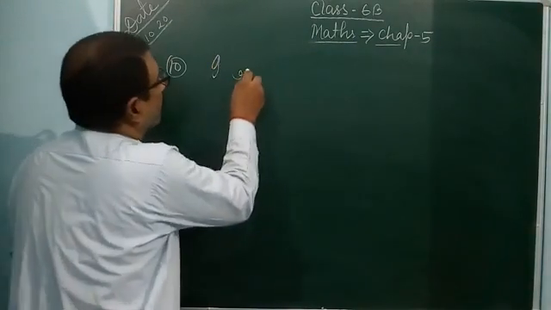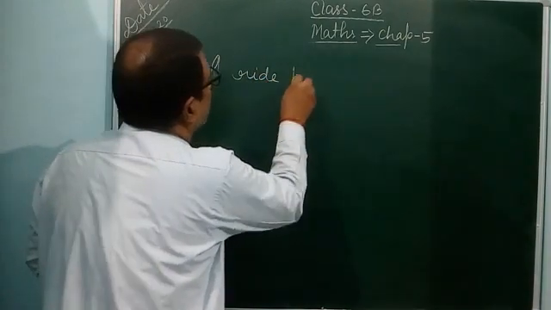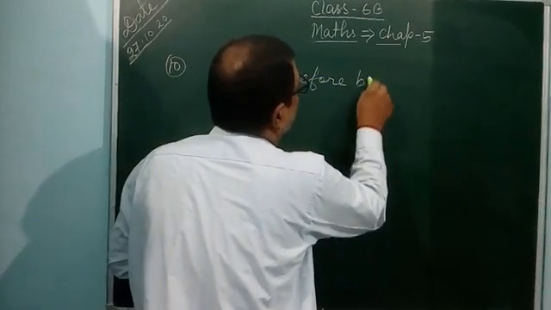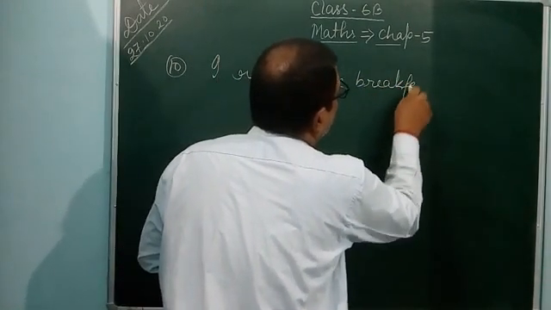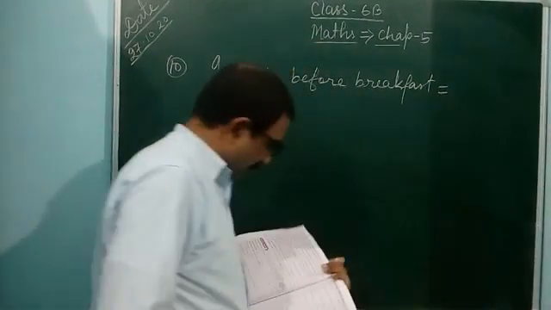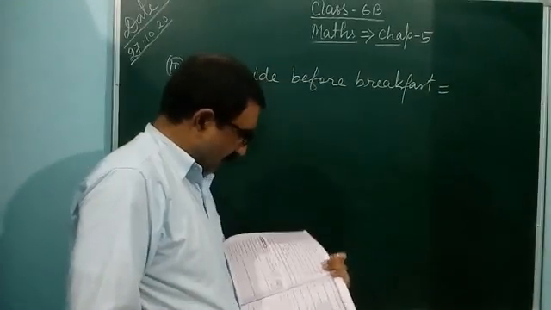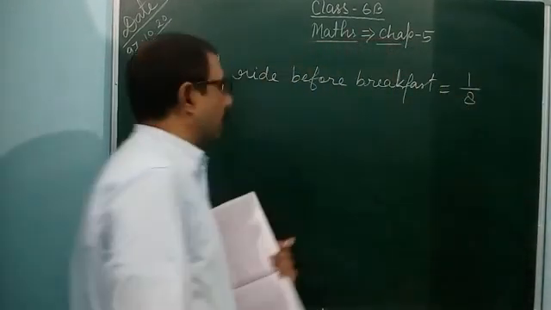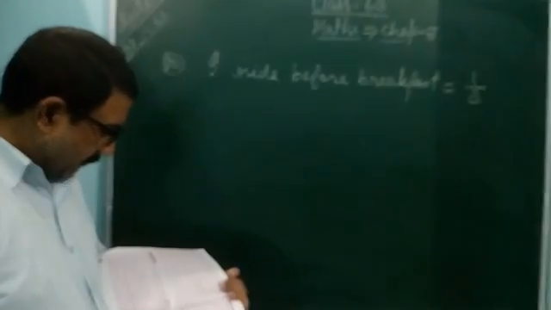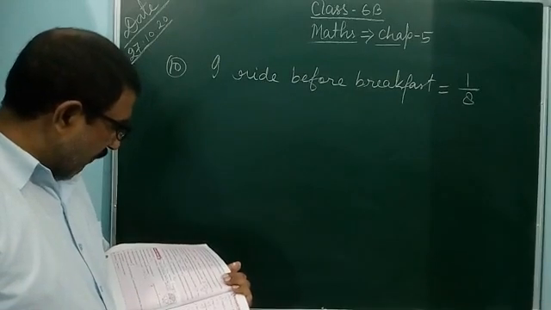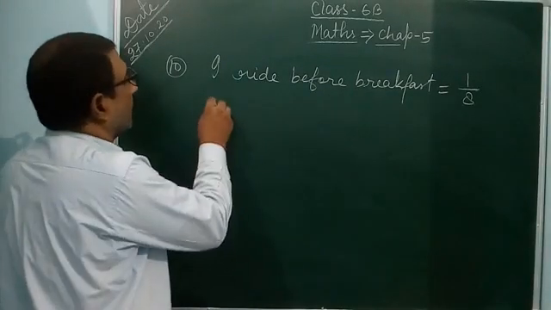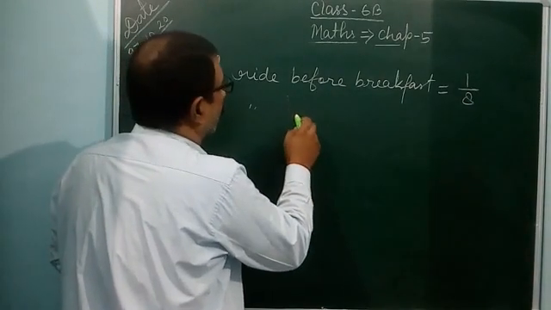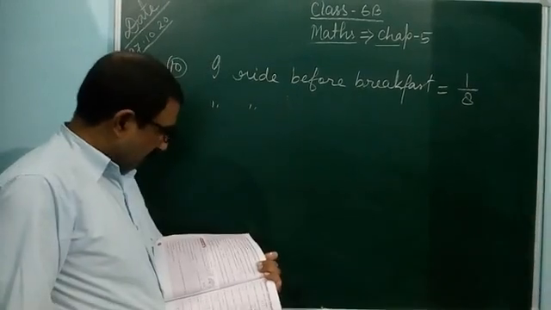So you write, I ride before breakfast 1/8 of the whole journey, and 2/5 between breakfast and lunch.